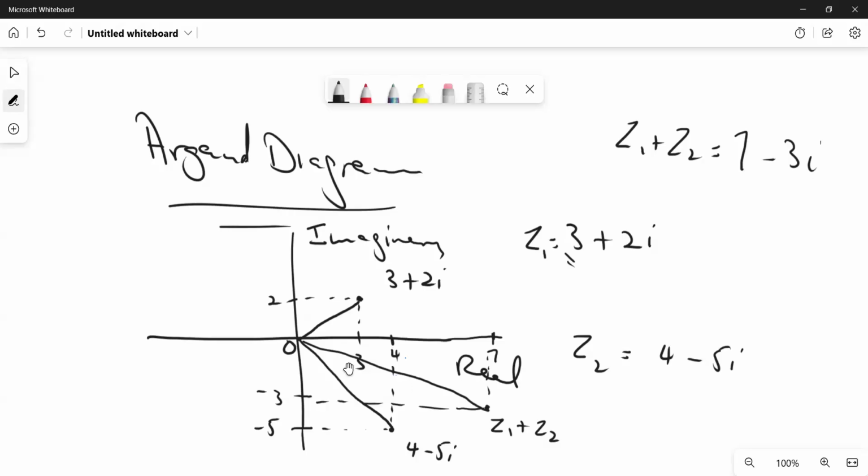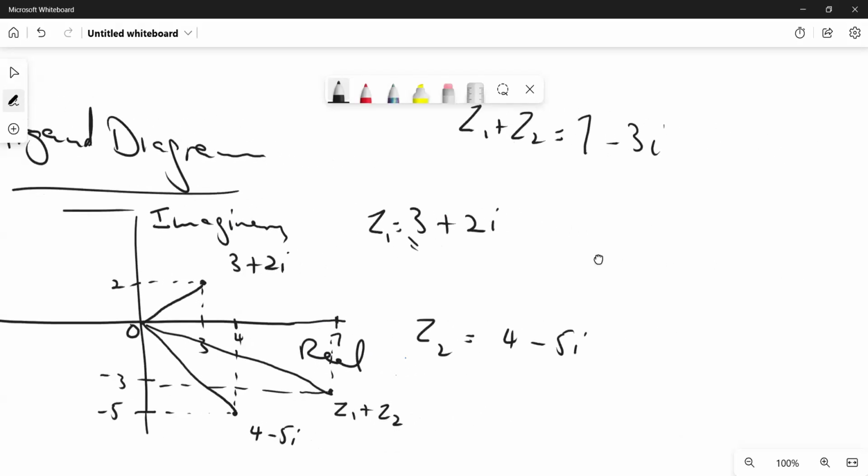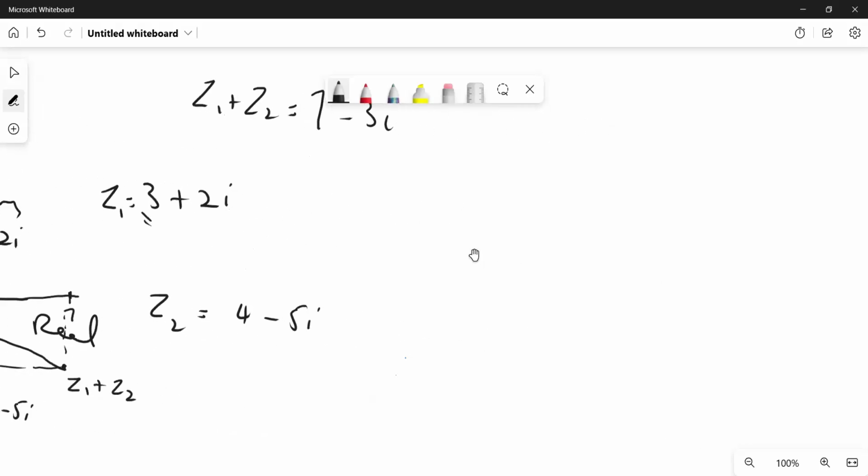As I said, some conceptualize the complex number with a straight line from the origin to the complex number. They came up with the idea of what we call the modulus.